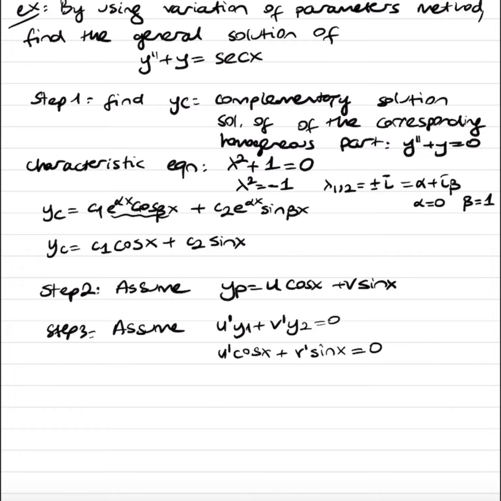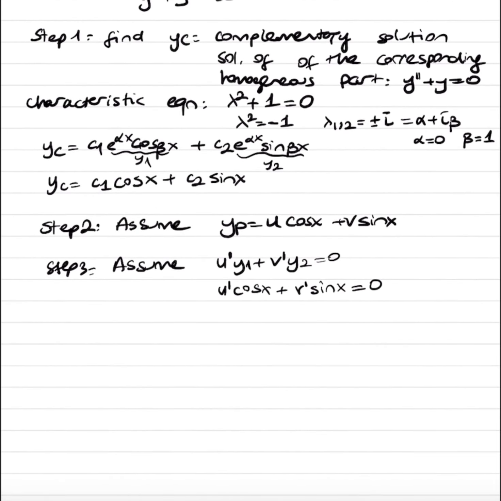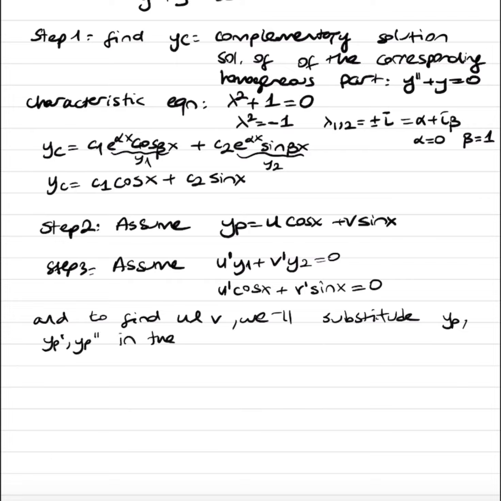So this is our y1, from c1 y1 plus c2 y2. Okay, we will assume these, and to find u and v, we will substitute the first derivative and the second derivative y double prime in the given equation.